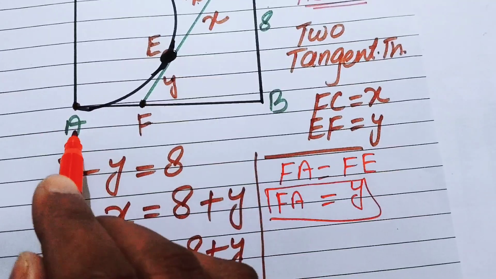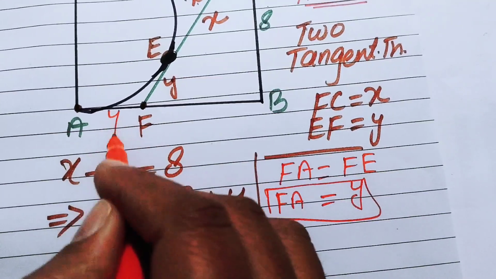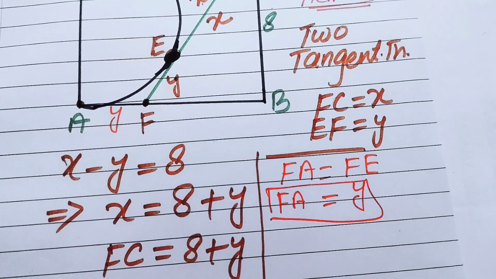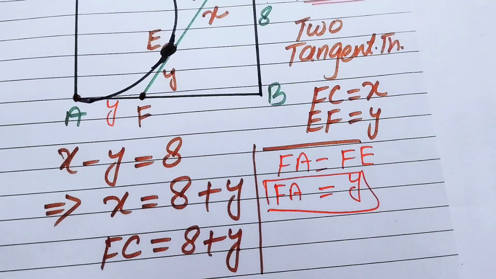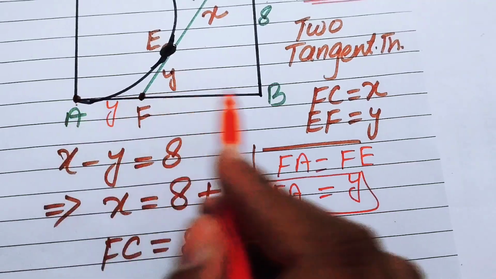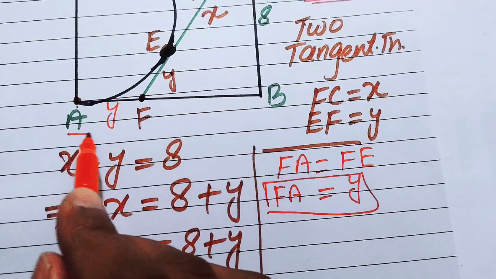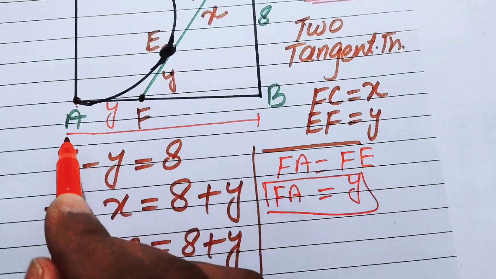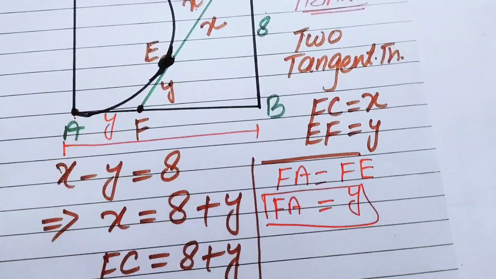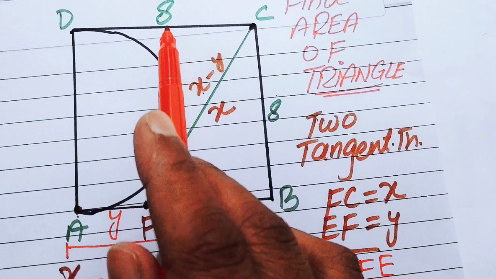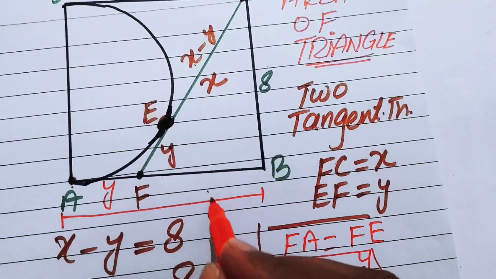So the length of AF or FA becomes y. And now you see here the total length AB will be equal to 8, because this is a square and the one side length of the square is 8, so all the other sides are also 8.